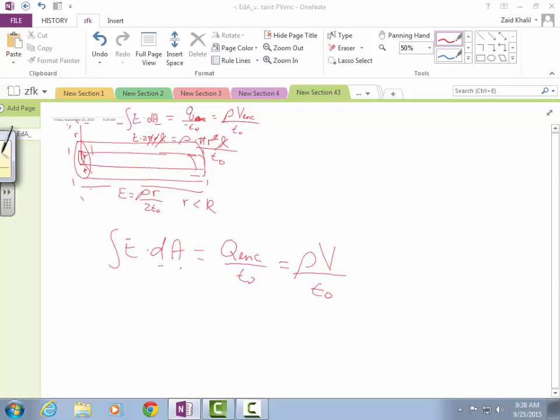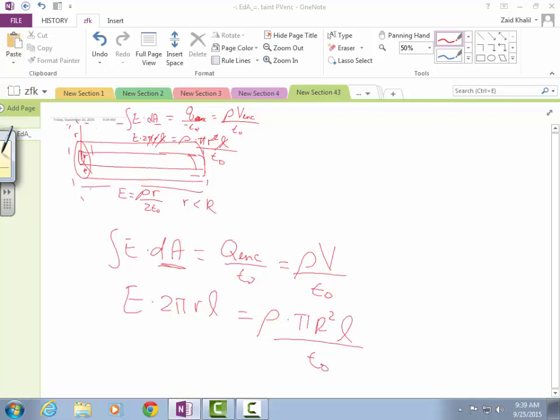E dot dA is going to be E times 2 pi little r L. Notice it's little r L, because the Gaussian surface is where you're evaluating the electric field. On the right-hand side, we have rho times pi big R squared L over epsilon naught.